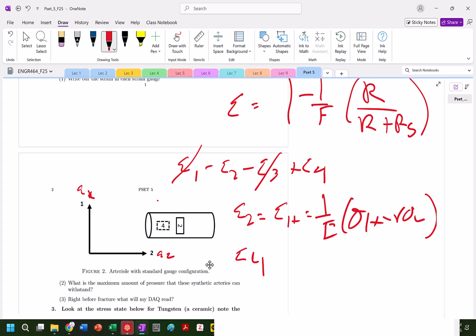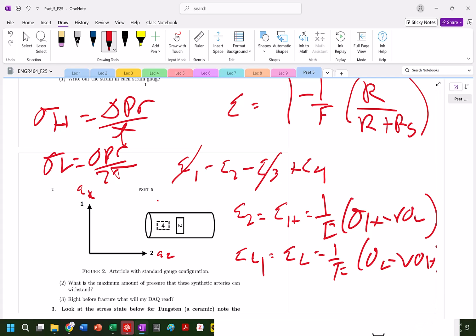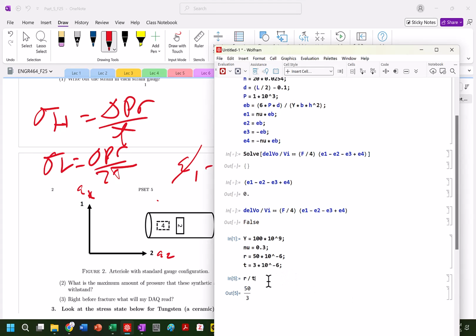Our epsilon 4, back or front doesn't matter, is still equal to epsilon l, which is 1 over E sigma l minus nu sigma h, where sigma h is equal to delta P r over t, and sigma l is equal to delta P r over 2t. So r over t is greater than 10. So yes, we can make the thin wall assumption.